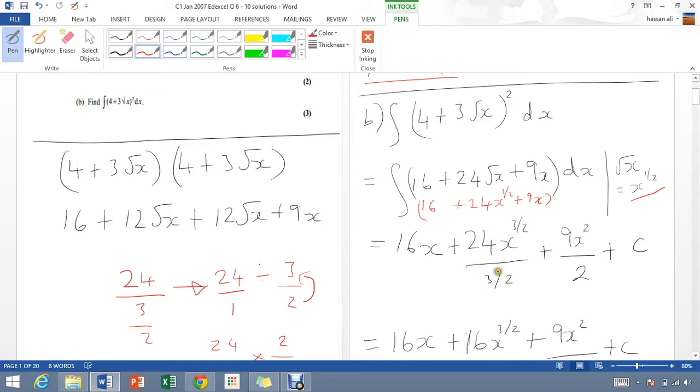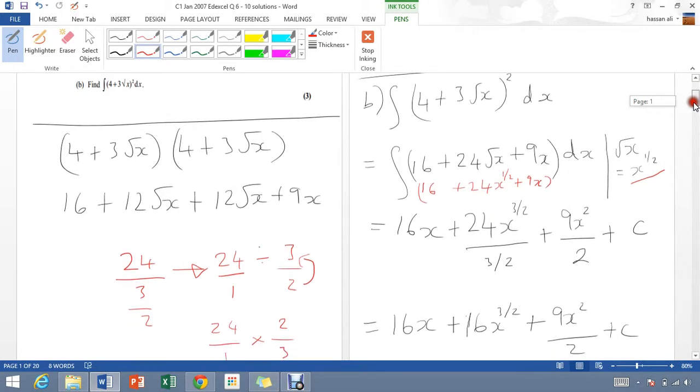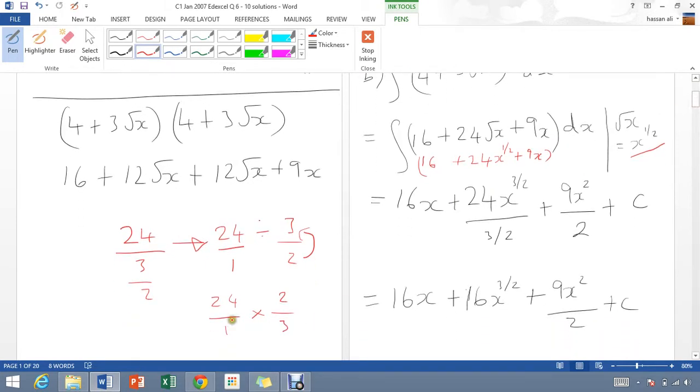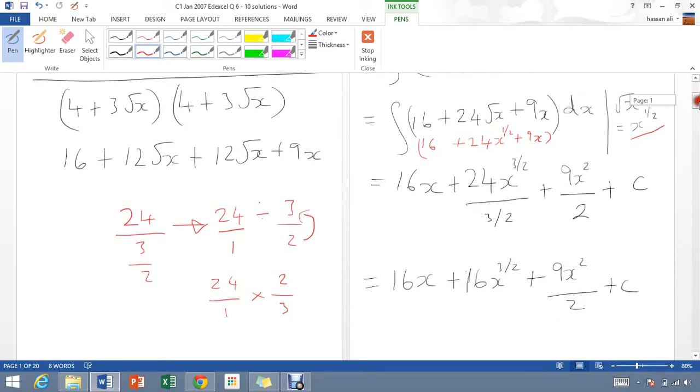I've simplified 24 over 3/2: all we're doing is dividing by 3/2. Remember, when you divide by fractions, you flip the fraction over and multiply, so you're left with 48 over 3, which will give you 16x^(3/2) + 9x squared over 2 + c. So that's your final answer for B.